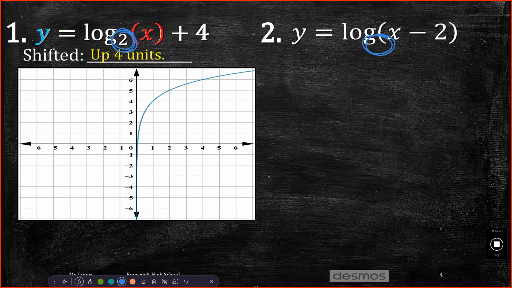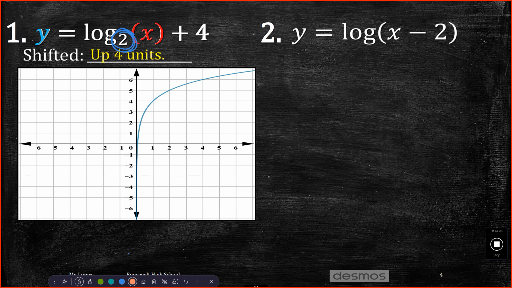The calculator only knows a base 10. It's automatically a base 10. So if it does not have a number, it automatically is 10.